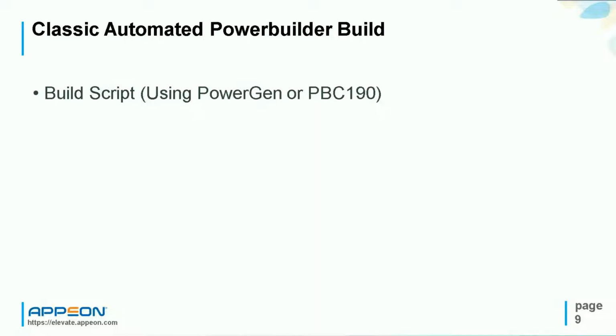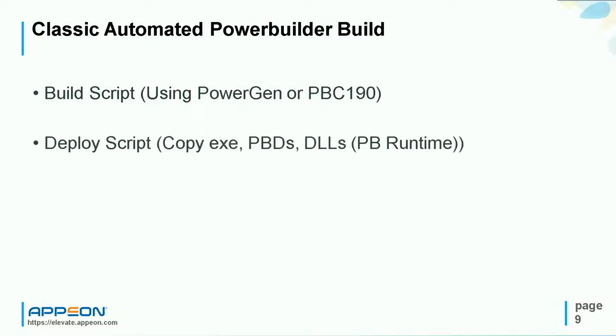It's part of autocompile. And then I have a deploy script, which takes the EXEs and PBDs that were just generated by the build and moves them, along with any necessary DLLs and other objects that need to be delivered to the user, into a separate folder. And then I have another script.